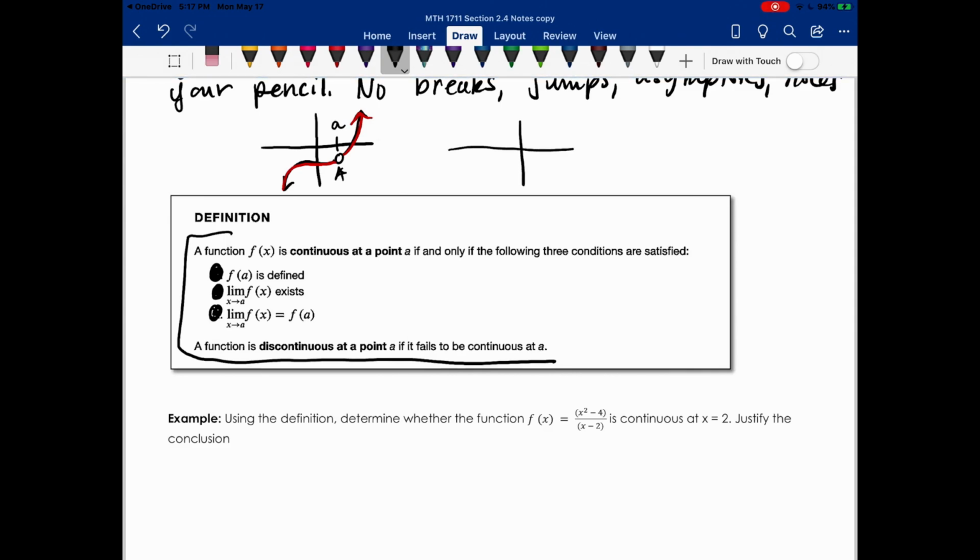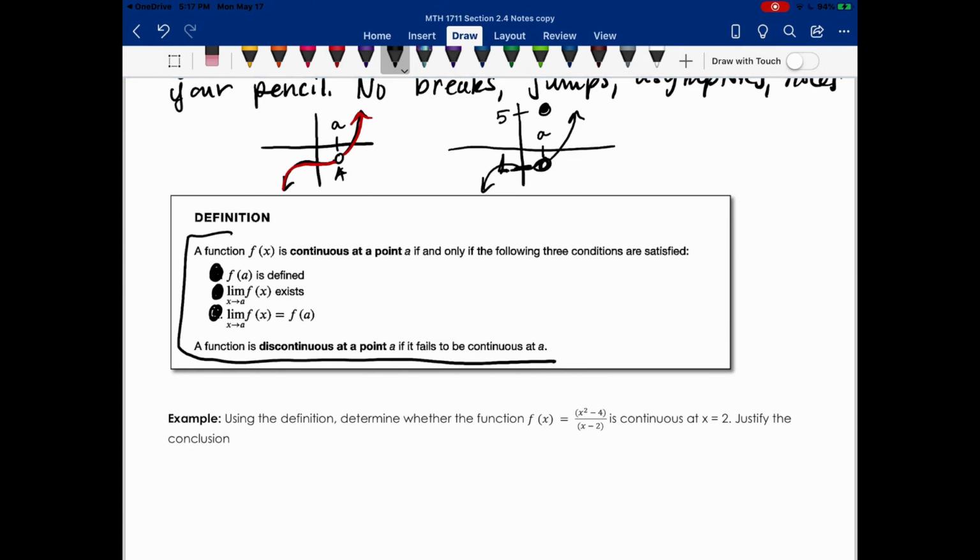You could have a situation that looks like this, where you could have a function and you could have a limit. Let's say this is the point A, and let's say this is L for limit. You could have the limit be L, and that exists. However, I could up here have the value of the function at, say, 5.